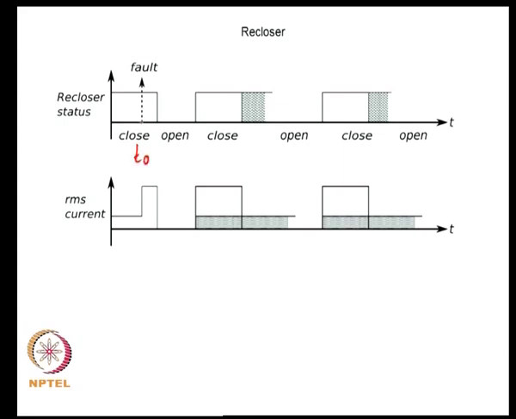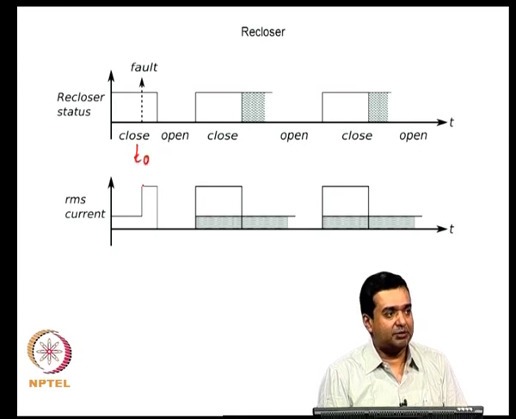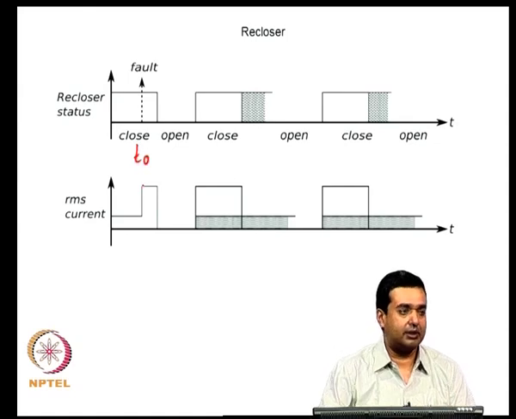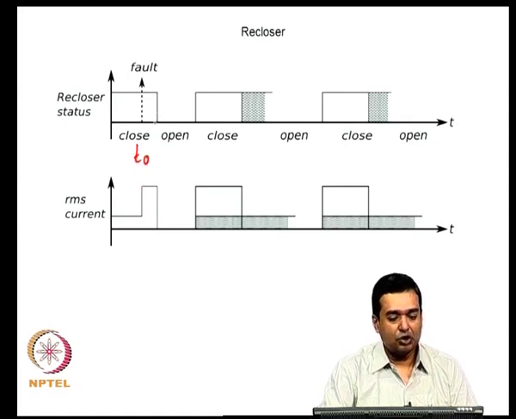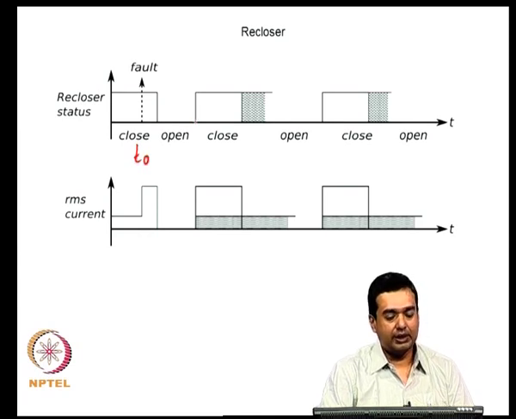So, at this particular instant, say you had a fault which caused your current to come up to a higher level, then in a short duration, maybe on an instantaneous basis, you would open your recloser. After opening the recloser, you wait for some duration, where your recloser is in the off condition and the line is de-energized, and then you reclose.